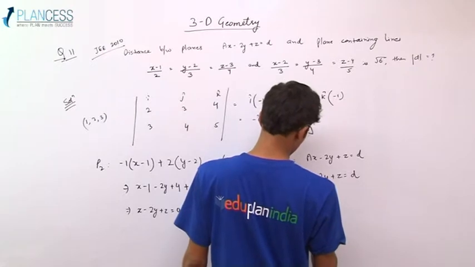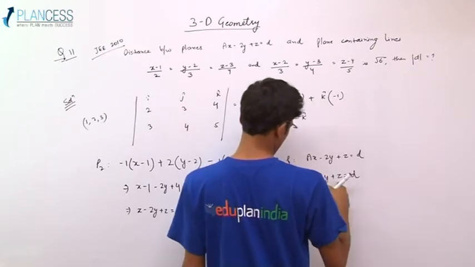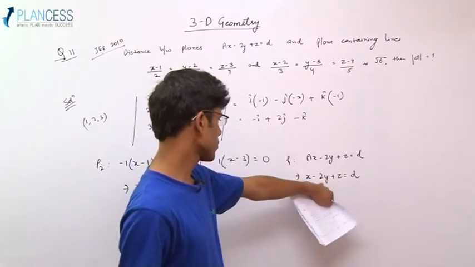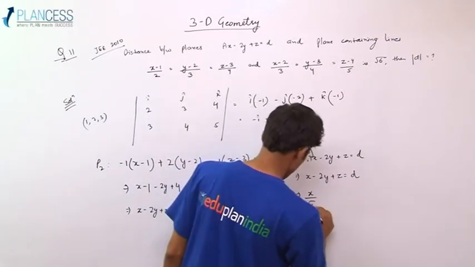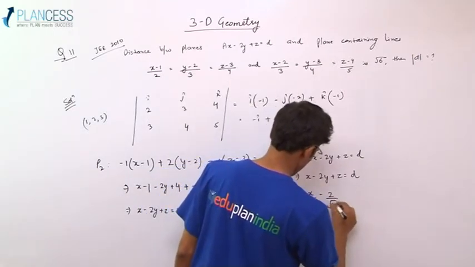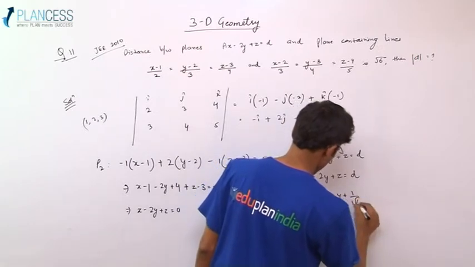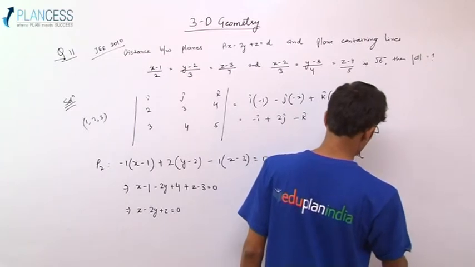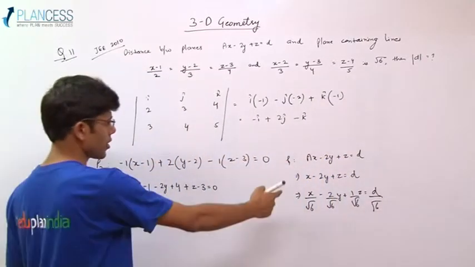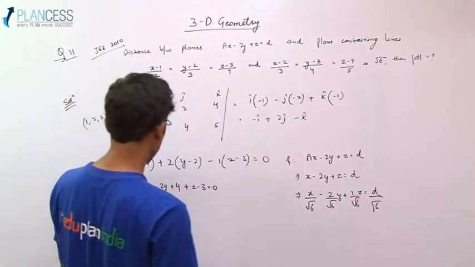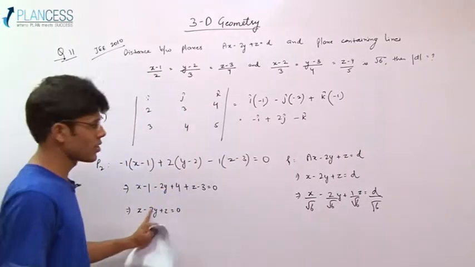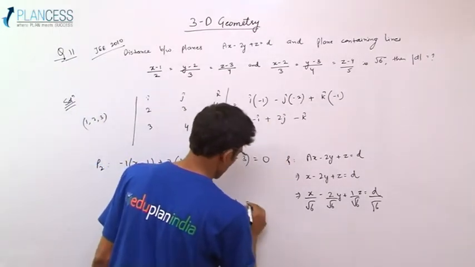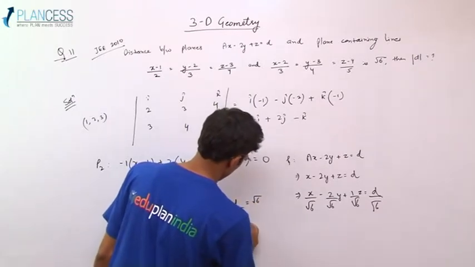So writing in proper format, 1 square plus 2 square plus 1 square is root 6: 1 by root 6, minus 2 by root 6, plus 1 upon root 6. So the perpendicular distance of this plane from the origin is d by root 6, and the perpendicular distance of the other plane from the origin is 0. So d by root 6 is root 6. So the value of d is 6.